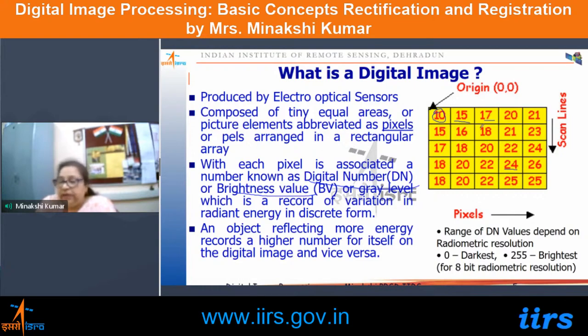What it means, the range of values will be between 0 to 255. So 0 will be for objects which do not reflect any energy, and 255 will be for objects which reflect total energy. Let's take an example of 10-bit, 2 raised to power 10, 1024. So values will be between 0 to 1023 and so on.